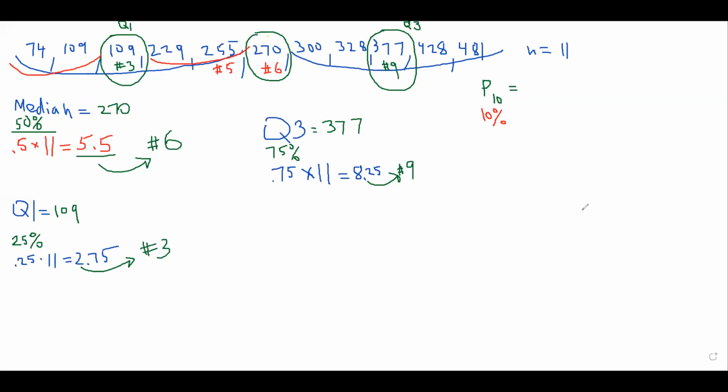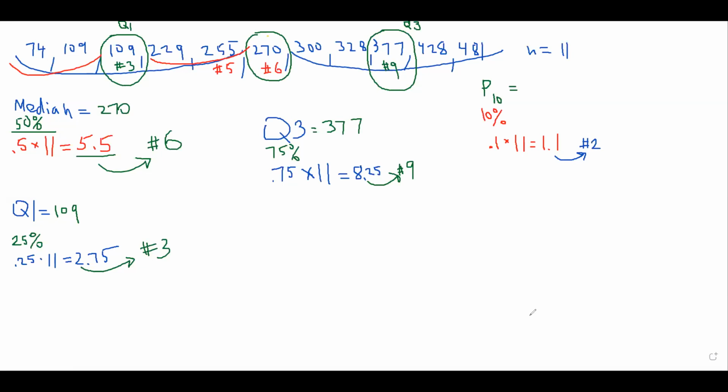So I could just try to find out what this is by using the same exact process, just put 0.10 or 0.1 and multiply it by the sample size to get 1.1. And this means that we move to the next place, which is the element that sits on the second position.